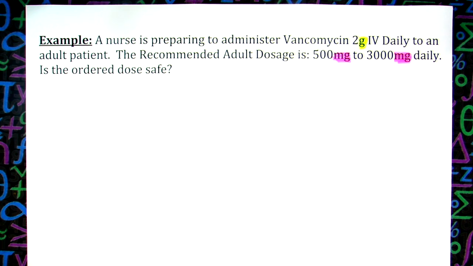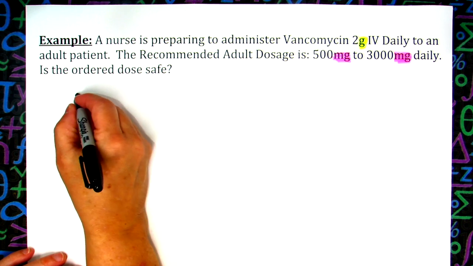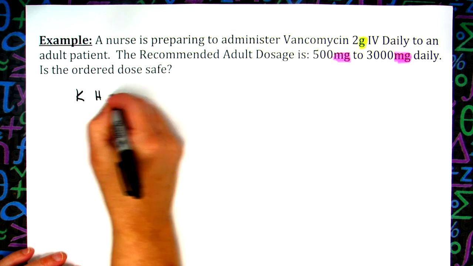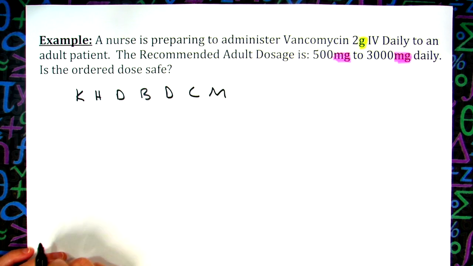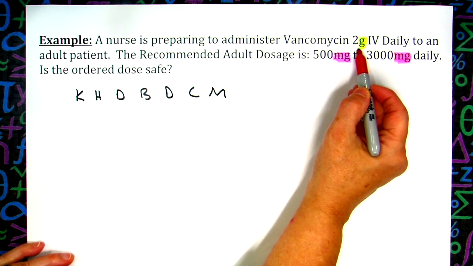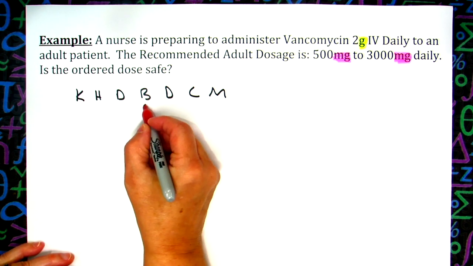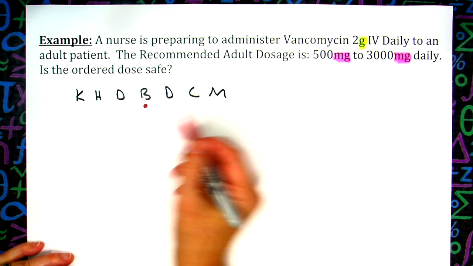Now, like I said, with that mnemonic device, you're probably just going to say to yourself, kittens hate dogs because dogs can't meow. So really, that's the only thing you need to write. Now I've got 2 grams, which is the base unit. So here's my base unit. And I need to turn this into milligrams to see if it's going to fit in here.